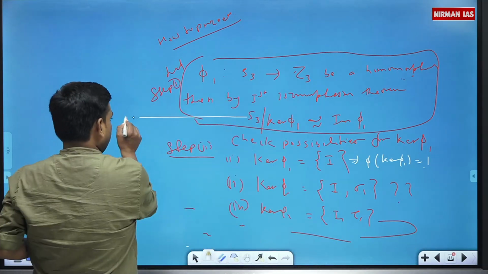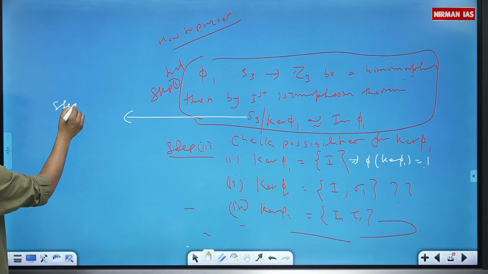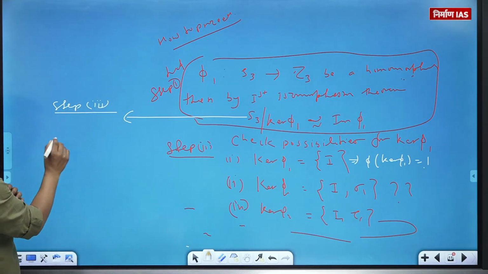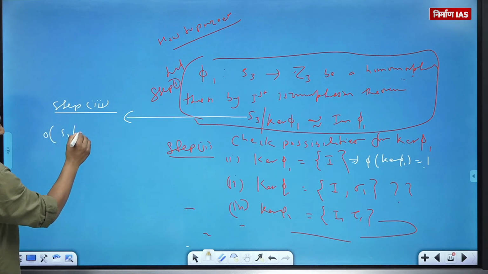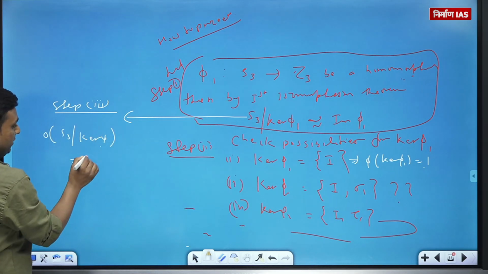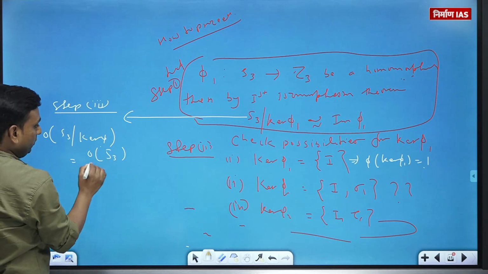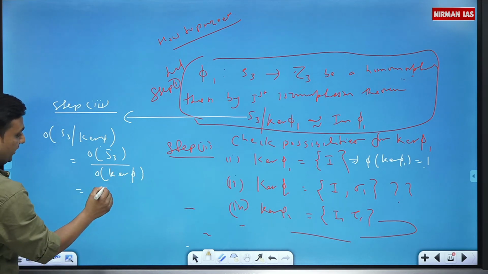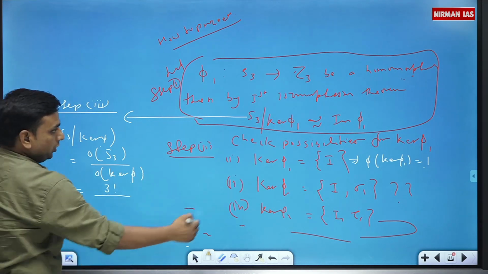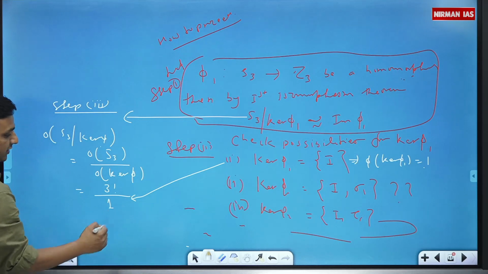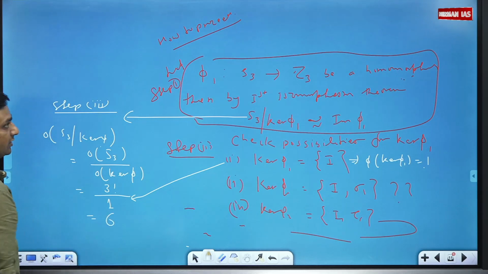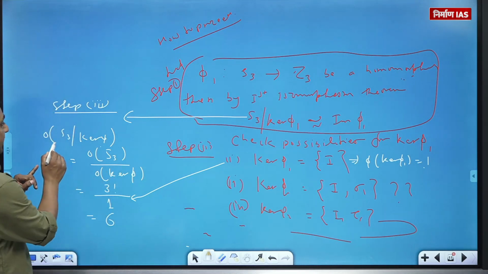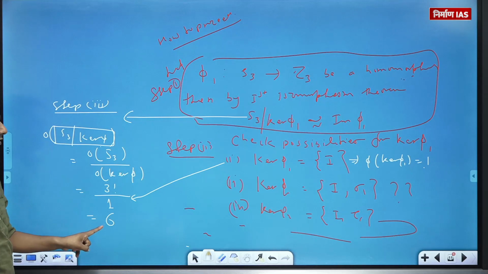Now step third, the order of S3 by kernel phi. What will it be? As I told you, the order of S3 upon the order of kernel phi. The order of S3 is 3 factorial. The order of kernel phi, what you are checking is whether it is 1 or not. So this is going to be 6. This means the order of S3 by kernel phi is 6.